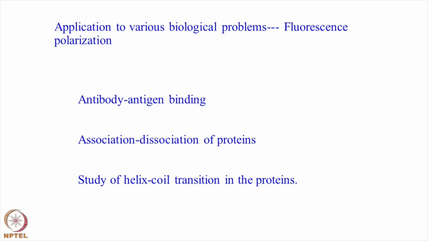So, where are the applications of this concept of fluorescence polarization or anisotropy? It is extremely important in, say, antigen antibody binding. Suppose I have tagged a fluorophore on an antibody, and I want to see if my antibody is binding to the antigen or not.